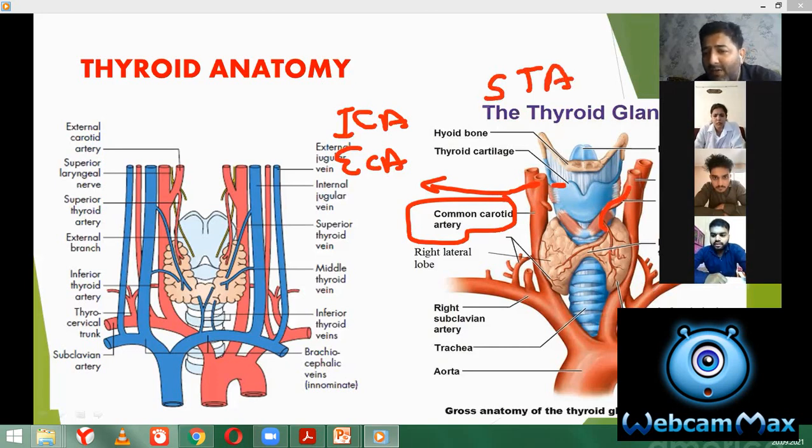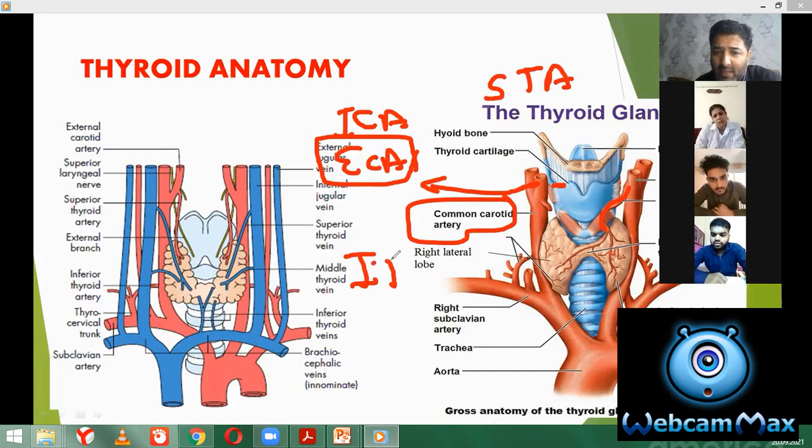So three arteries you must remember. Superior thyroid artery, which comes out from the external carotid artery. Then you have the inferior thyroid artery, which is a branch of your thyrocervical trunk, which comes out from the subclavian artery.